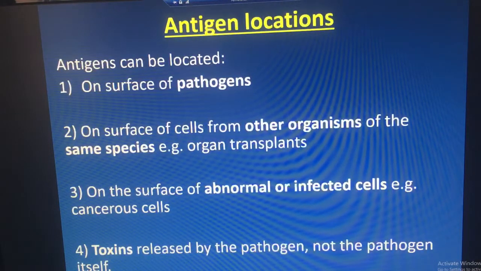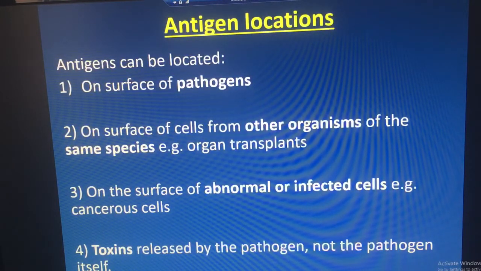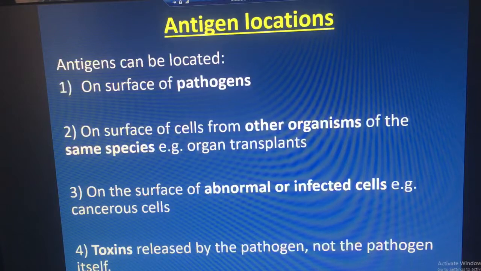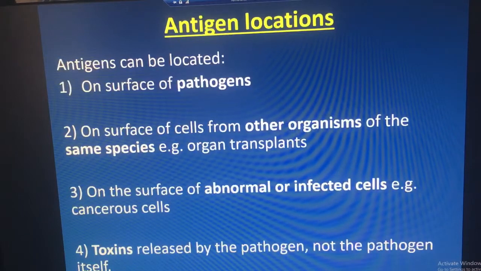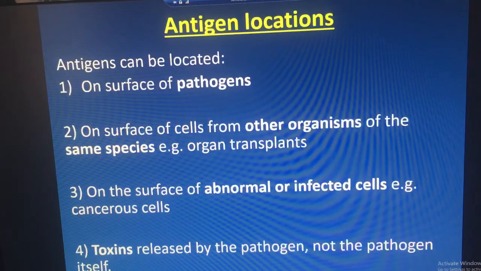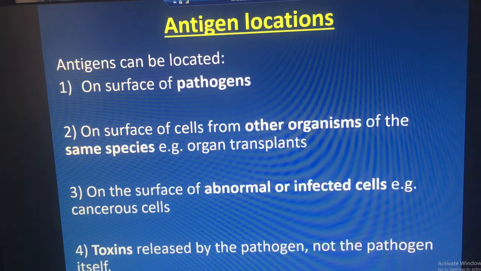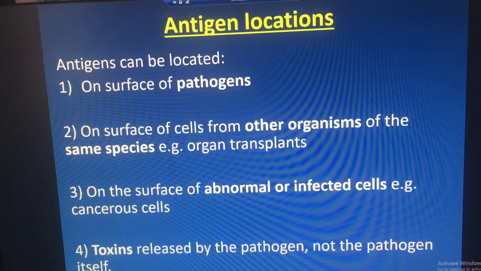Now, our antigens can be found in lots of different places. So antigens, these proteins or glycoproteins, can be found on the cell surface membranes of pathogens. They can also be found on the surface of cells from organisms of the same species.